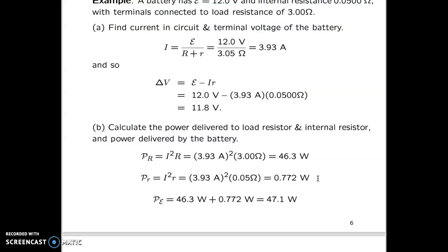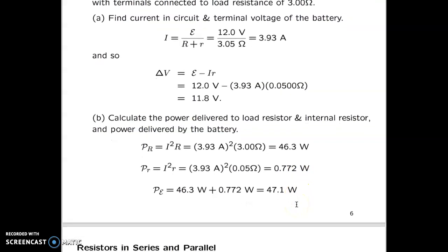Remember this energy is created in the form of heat. Lastly, the power delivered by the battery: because of energy conservation, the rate at which the energy is dissipated in the two resistors must be equal to the rate at which the energy is being produced by the battery. So you just sum these two numbers, 47.1 watts.